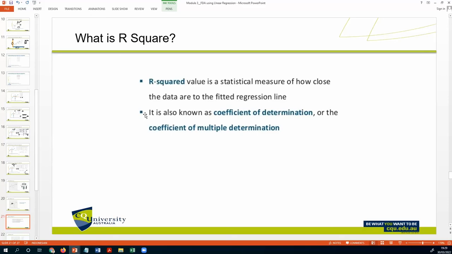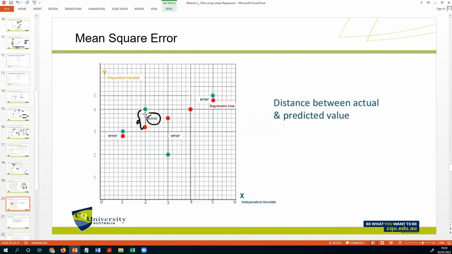So R-square is the statistical measure of how close the data are to the fitted regression line. R-square determines, let's say, the actual and prediction.